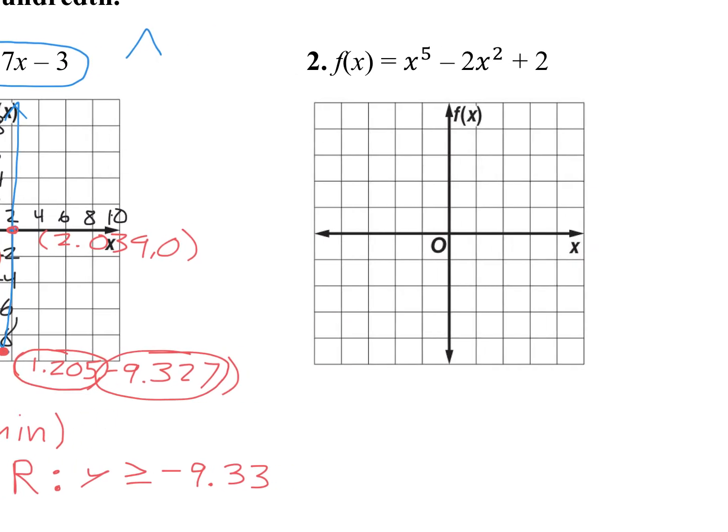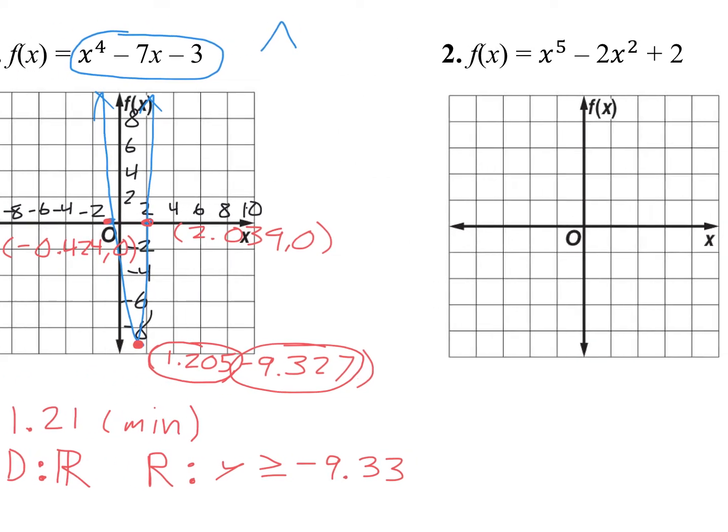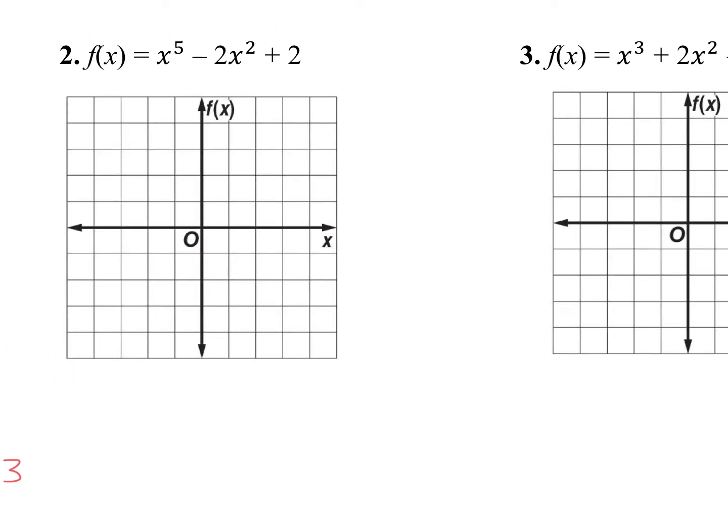Okay, going back to Desmos. So you can erase what you had in the box, or you can actually click on the circle on the left to turn off your previous graph. It doesn't really matter. All right, so in a new box, type x to the 5th minus 2x squared plus 2.